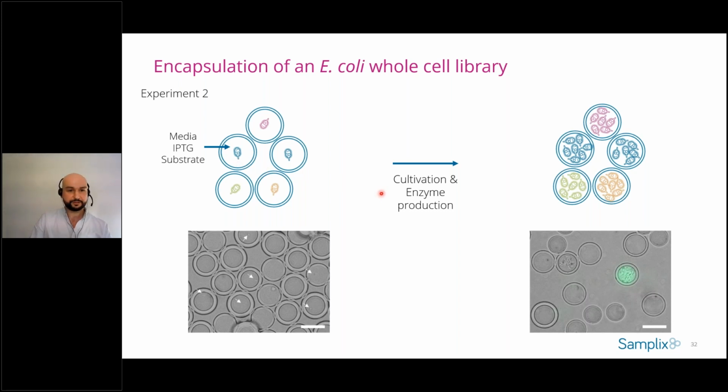So we just incubated the droplets at 16 degrees, and we kept them in movement. And afterwards, we can see here that cells were able to grow and build a strong fluorescent signal. And in this droplet, for example, you can see a non-fluorescent droplet, a non-fluorescent event. This means we have no enzymatic activity.